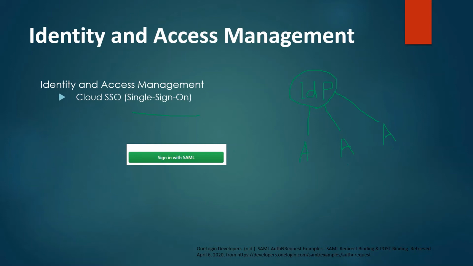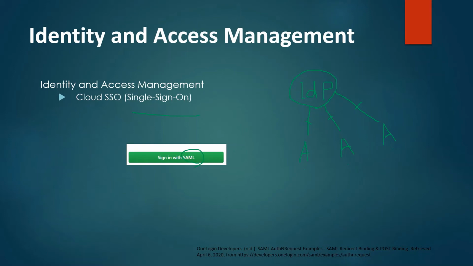Here comes the technology called SAML that serves this requirement. SAML sits between the application and the identity provider, either as a separate SAML service or as a plugin within your application to serve this need.